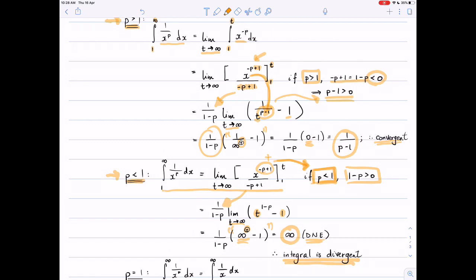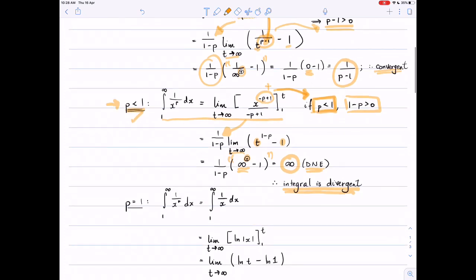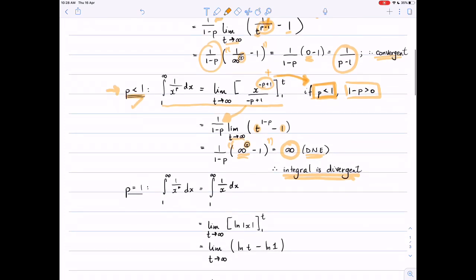We have one case left. We've done p greater than 1 and p less than 1. The last case to examine is when p is equal to 1. If I put p equals 1, the integral becomes the integral from 1 to infinity of 1 over x dx. 1 over x is the power of x that does not work with the power rule.